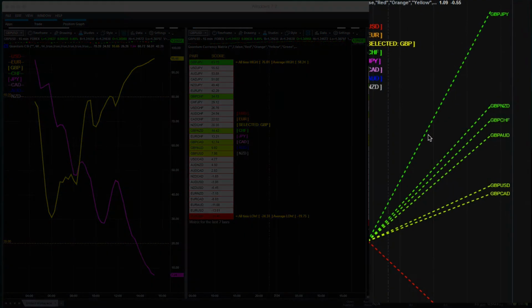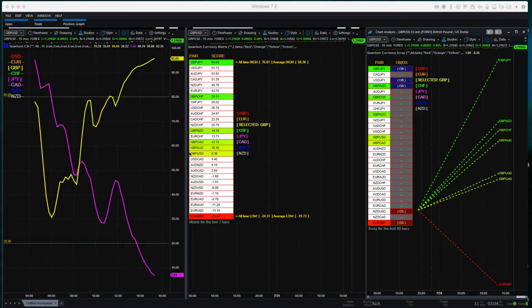The reason this trend is so strong, it's so steeply inclined on the currency array, is purely because of the strength of buying and selling in that particular pair. And this is what you're looking for the whole time. You are looking for strong buying, strong selling, which will deliver you a very strong trend.